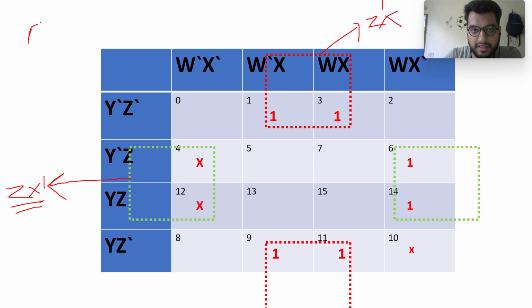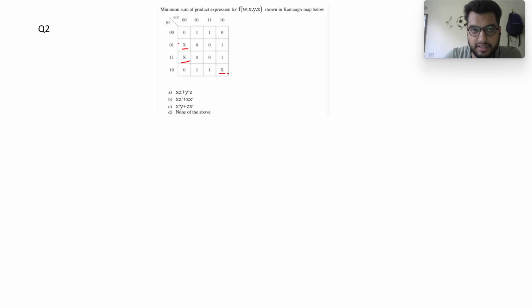So my minimized expression will be x z dash plus x dash z, the famous expression for a two input XOR gate. We'll check which of the options satisfies this: x z dash plus x dash z. So it's option B, which is the correct answer to this question.